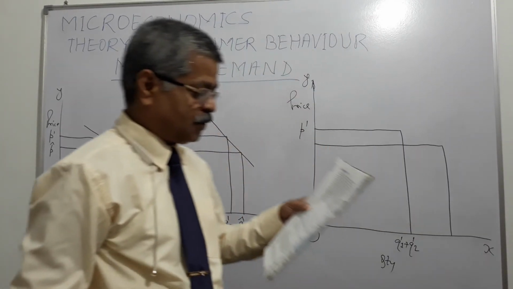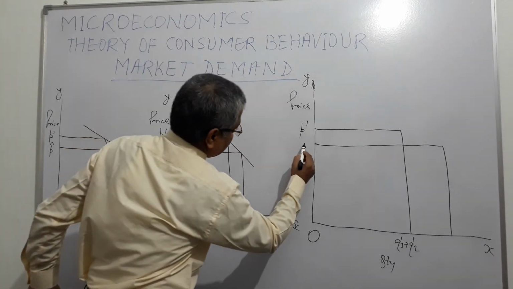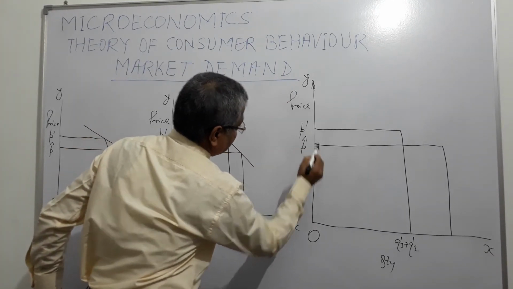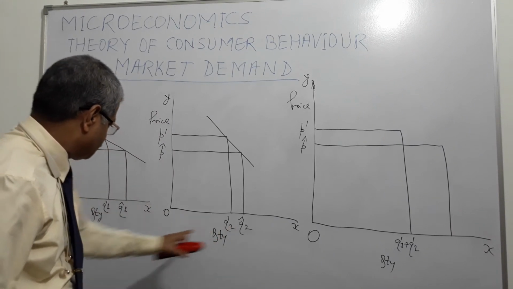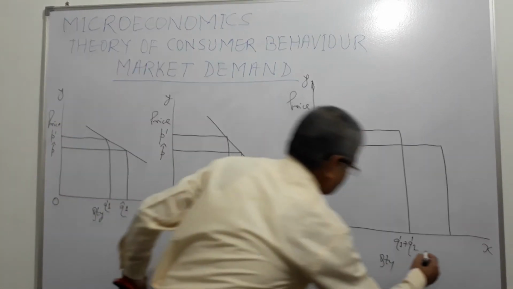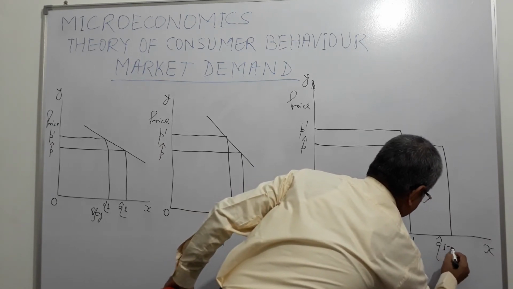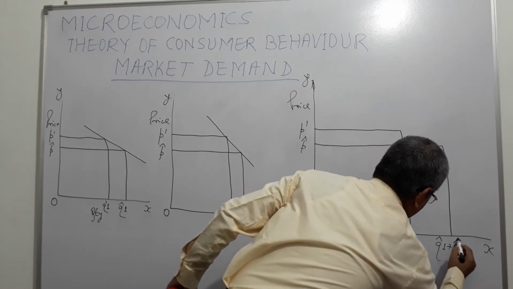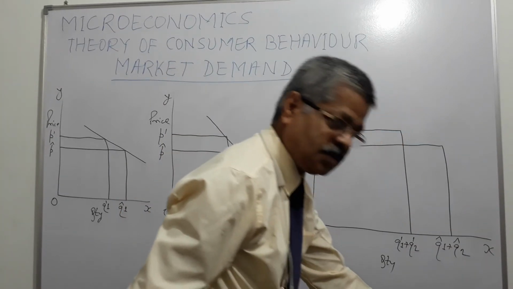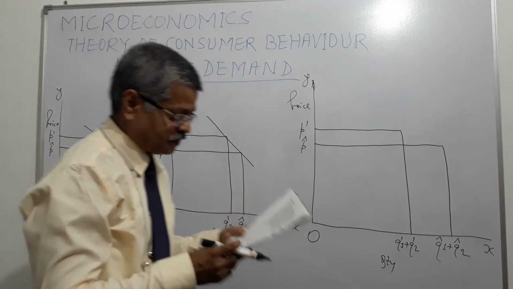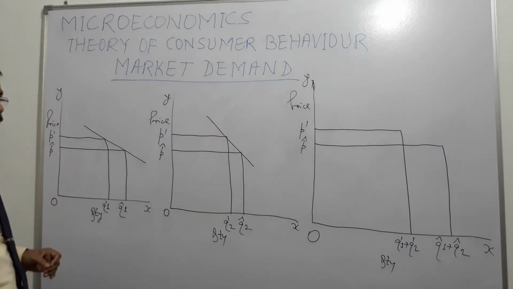Then at another price level, P hat, we have Q hat 1 plus Q hat 2.